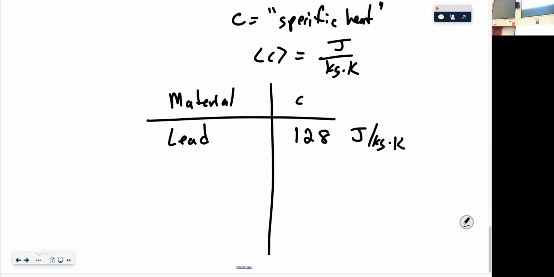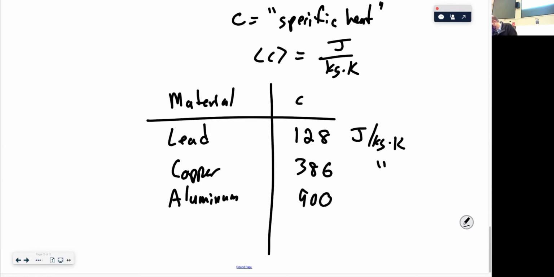That's what that means. Copper, 386. These are all going to be joules per kilogram Kelvin. I'm going to stop writing the unit down. Aluminum, 900. Woo, it's a big one. Glass, on the high end also, 840.